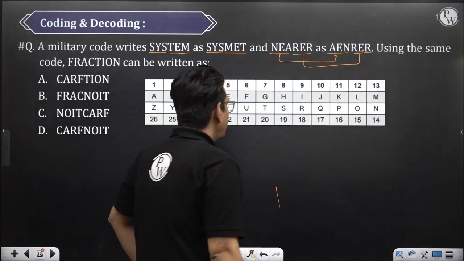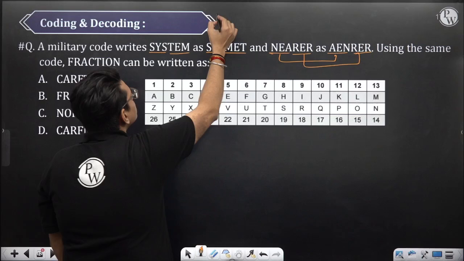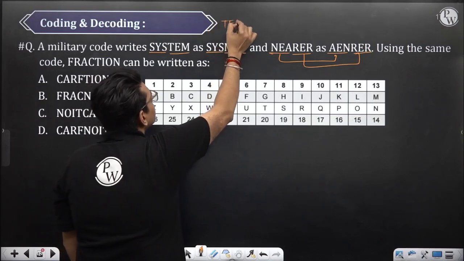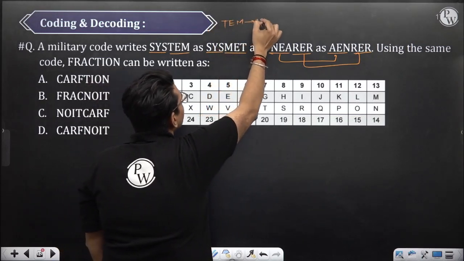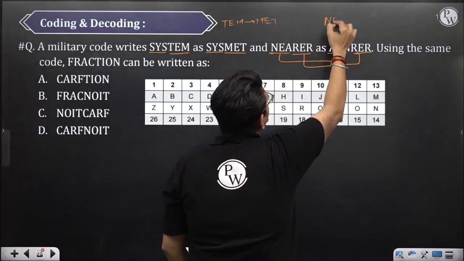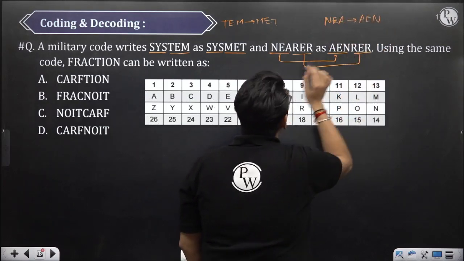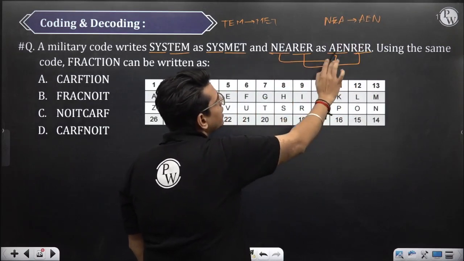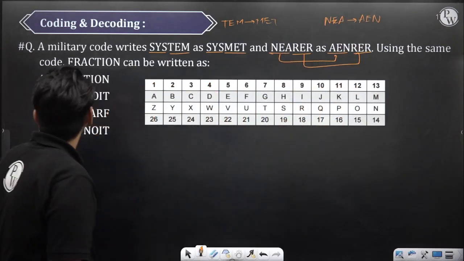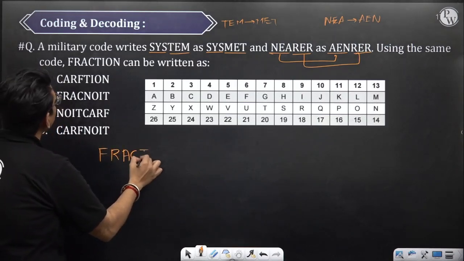So what is happening? That TEM is written as MET, right? Here NEA is finally written as AEN, and the position is same. If NEA is starting, AEN is starting. So now we have to look at fraction. Okay.